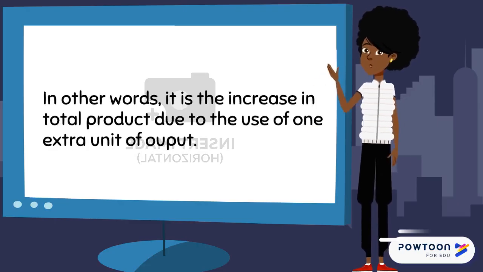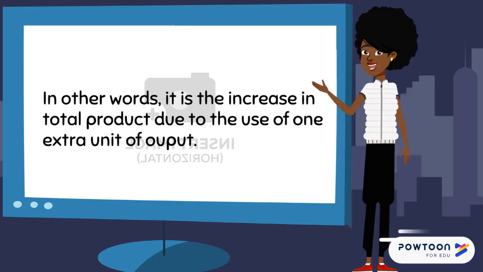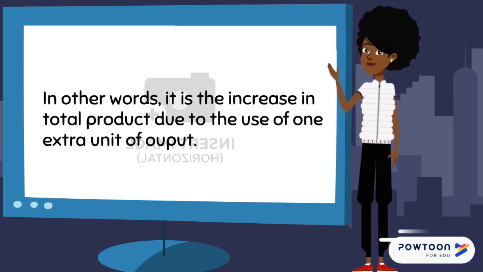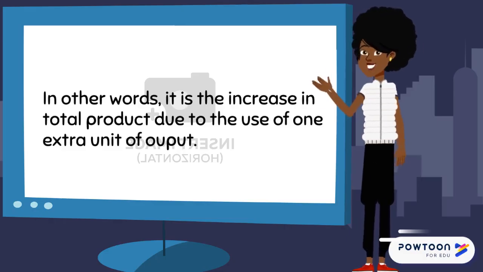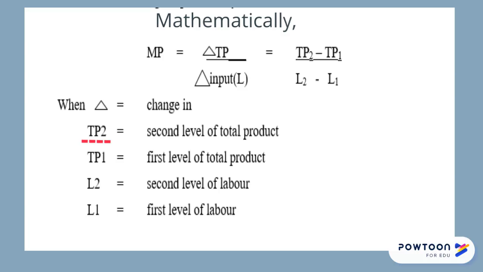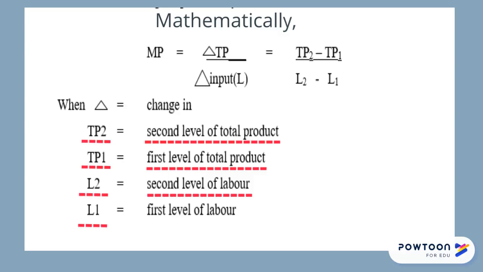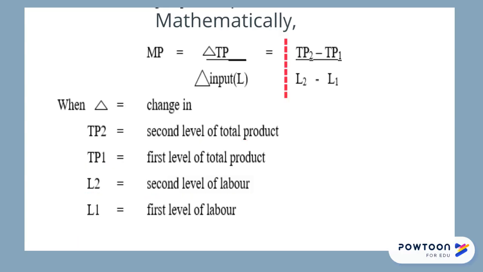In other words, marginal product is the increase in total product due to the use of one extra unit of input. TP2 is the second level of total product, TP1 is the first level of total product, L2 is the second level of labor, and L1 is the first level of labor. That means total product 2 minus total product 1 over labor 2 minus labor 1.